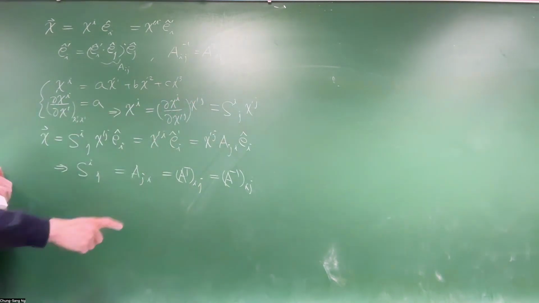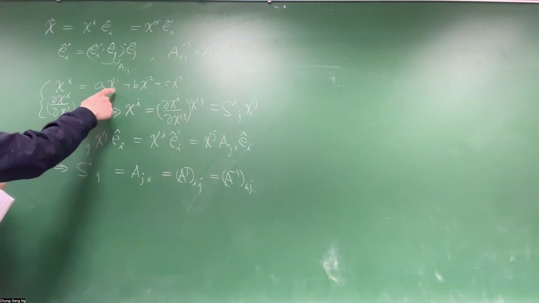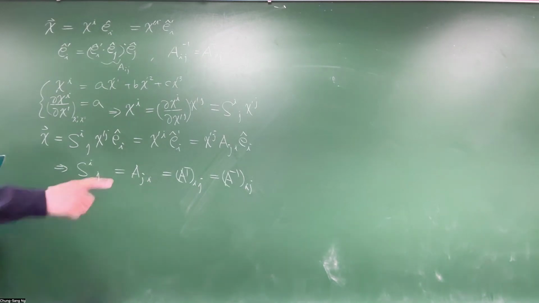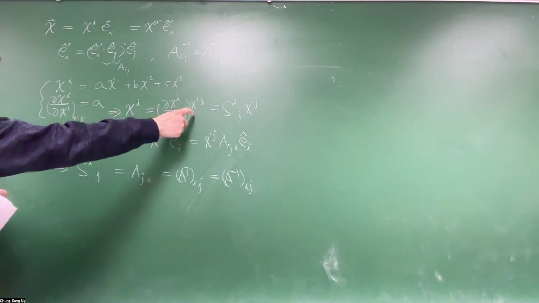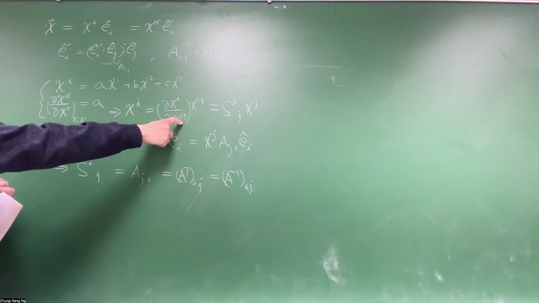You have j repeated, so you're summing all 3 terms to give you this equation back. Is that okay? It's just writing in a more abstract way, using the Einstein notation. This is just summing over, so there are 3 terms in here because they are summing from 1 to 3.